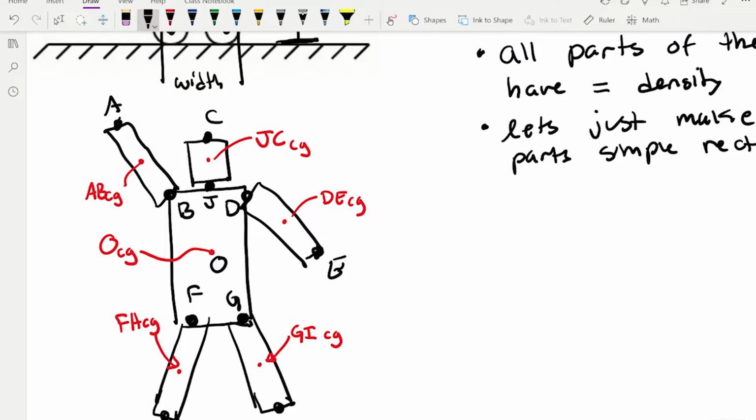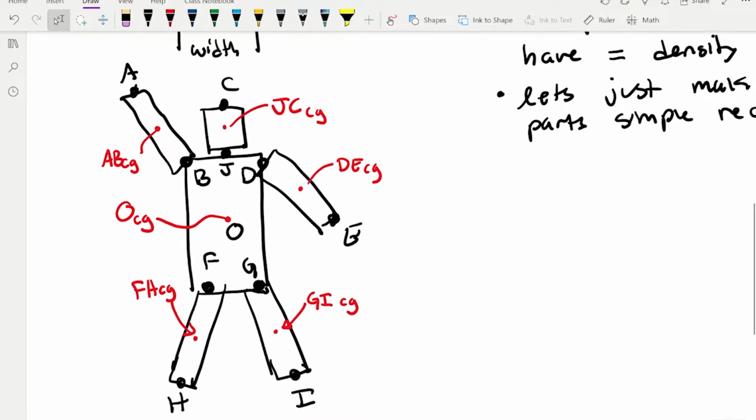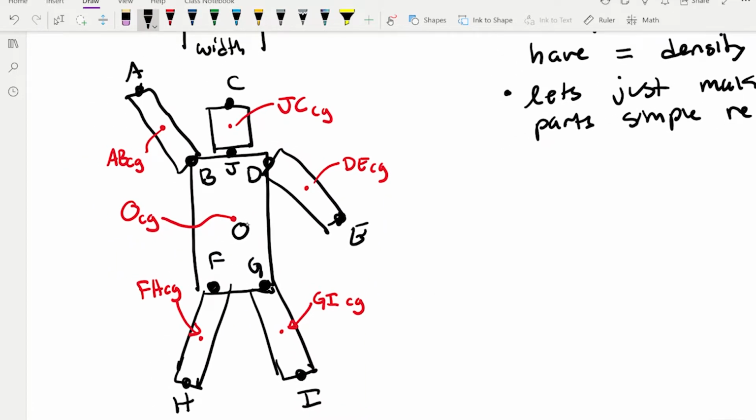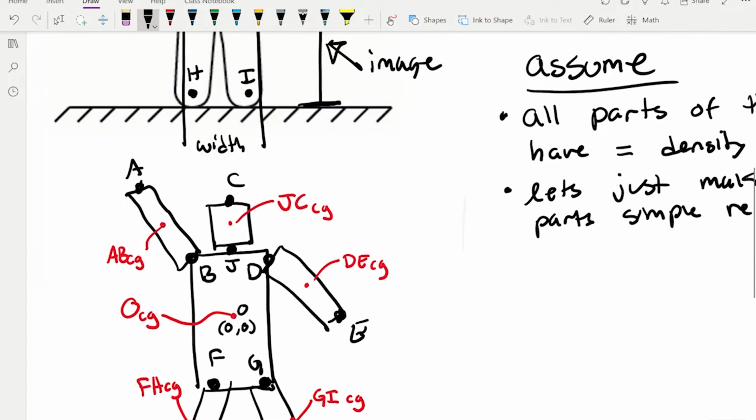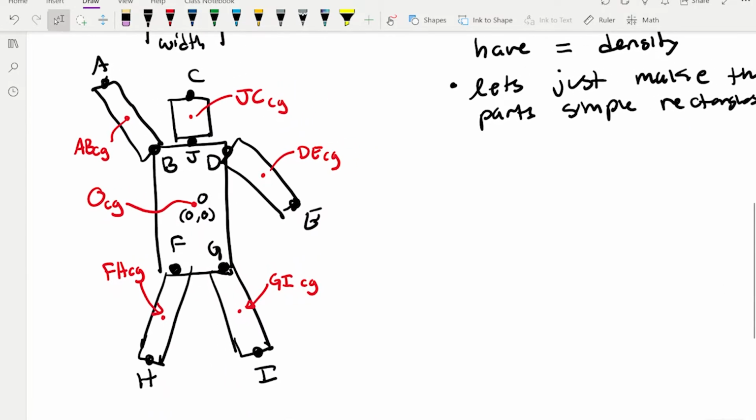All right. So we're describing these points, and I wrote this extra point O, which we can say is like our coordinate system 0, 0. So point O is our origin, right? We could say, hey, let's try to find that CG in terms of this person's torso center mass, right?